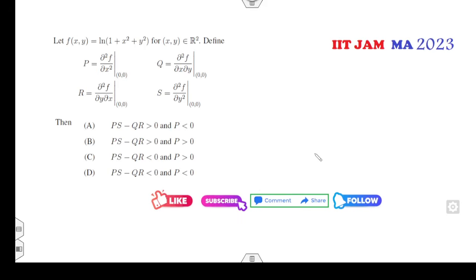Okay, f of x is given, with p, q, r, s. I think that's simple.